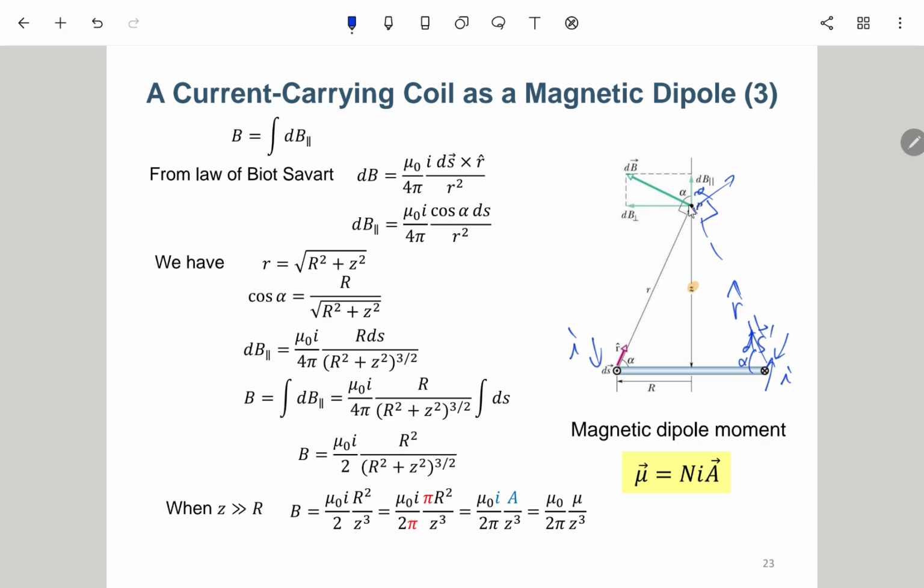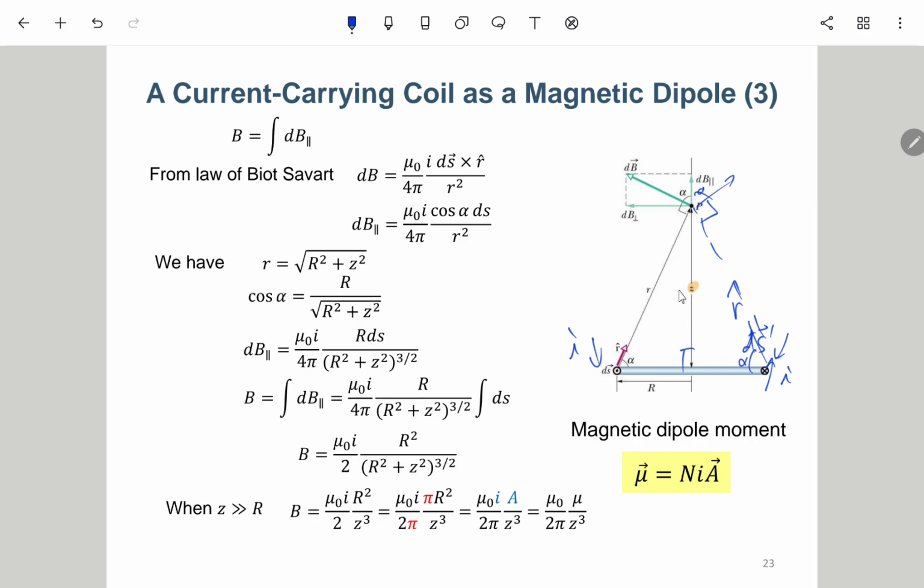This sine divided by this one is cosine of alpha. And then ds over r squared. In this right angle triangle, r is the square root of z squared plus capital R squared, where capital R is the radius of this coil.